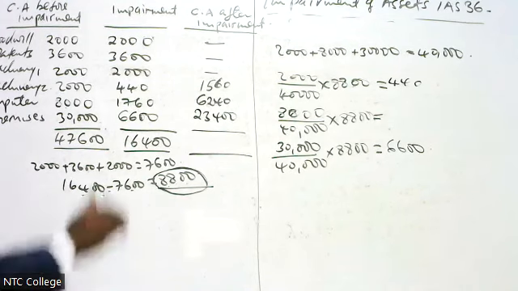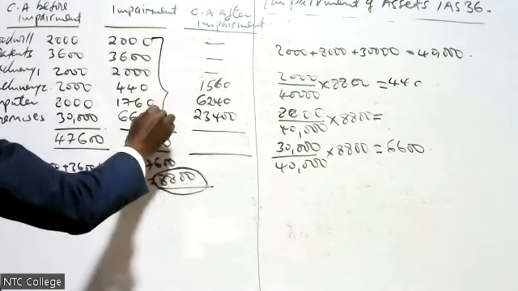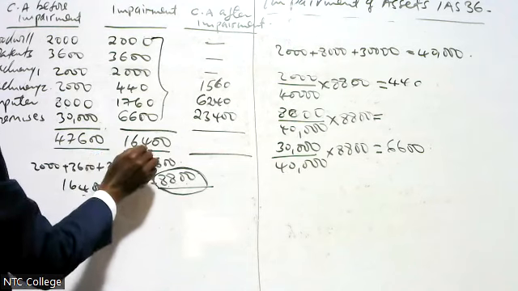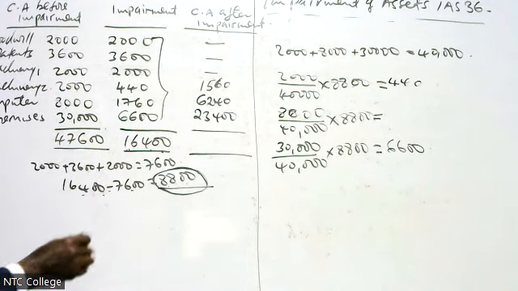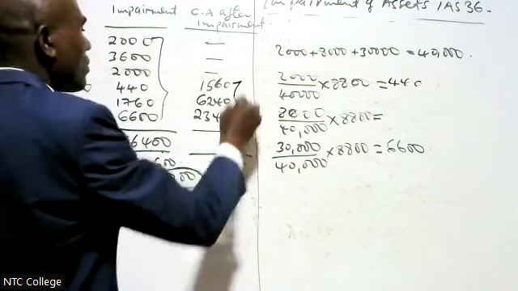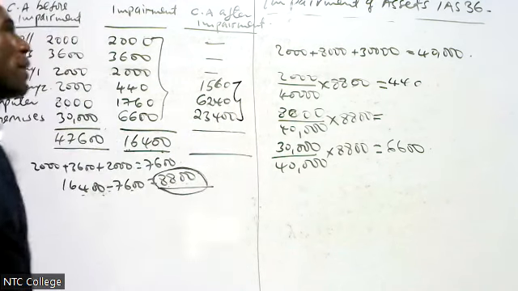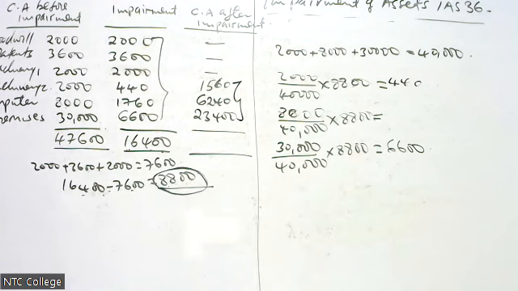23,400. Now, if I add this total impairment, I'm required to get 16,400. That is the impairment that we received, 16,400. Then when you add the carrying amount after impairment, how much are you getting?